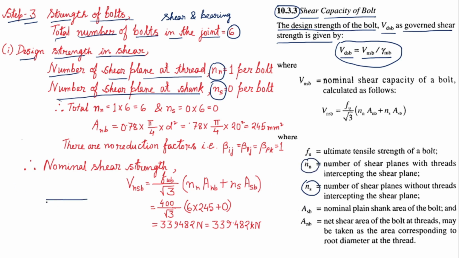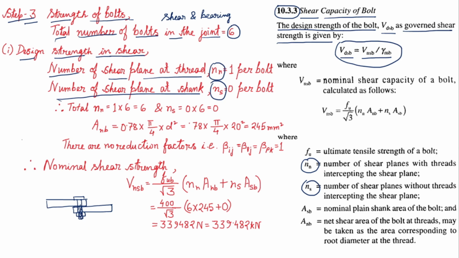So let me explain. Suppose this is one plate and this is another plate. These two are connected by one bolt. Below the bolt there will be one nut. In the shank portion of the bolt, some part is covered by the thread.